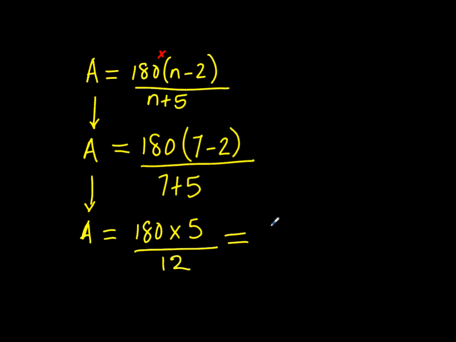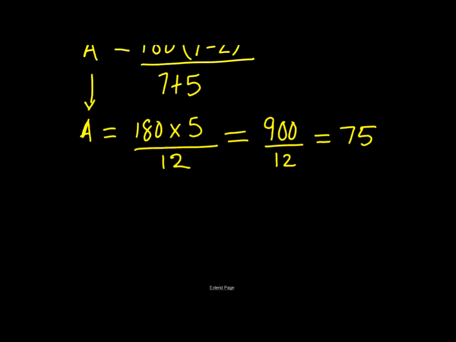If we work that out in our calculator, that's going to give us 900 divided by 12, which is equal to 75. So we have that A equals 75.